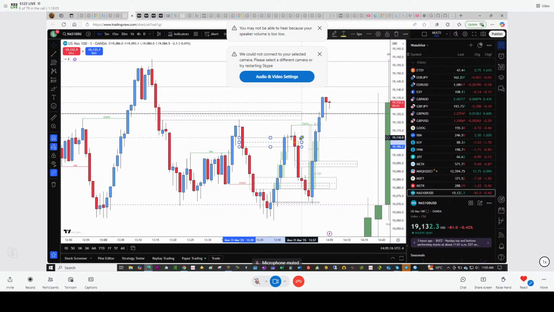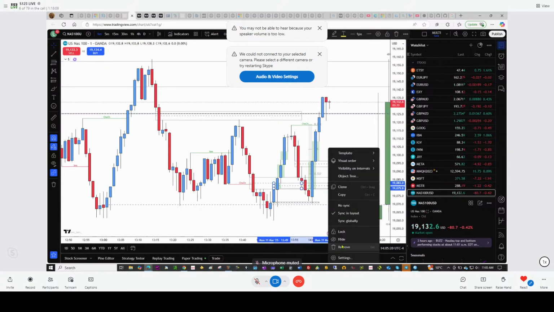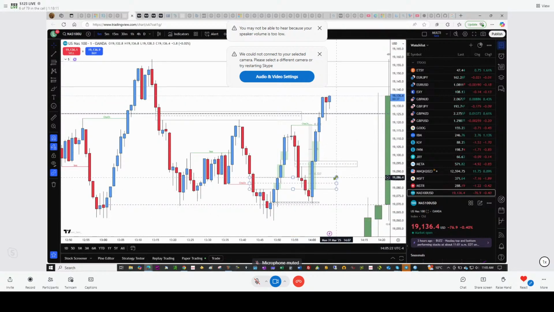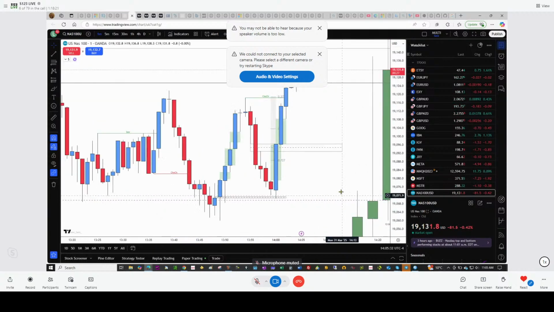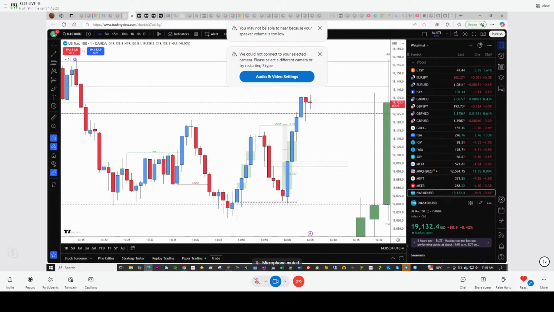Let me get rid of some of these things off the chart. These guys can go. This guy can go. Okay. This guy can go. All right, so we're looking for a retrace back down into about 50% or into this inverted gap here.